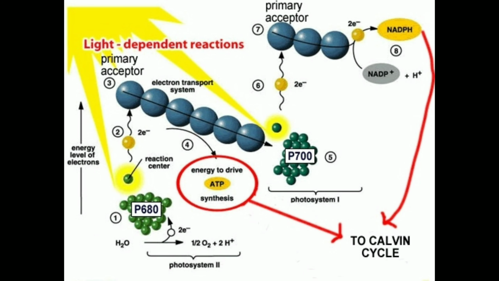But in the case of non-cyclic photophosphorylation, the electron never comes back to photosystem 2. That which is lost in photosystem 2 never comes back to photosystem 2. But in cyclic photophosphorylation, the pair of electrons that is lost from photosystem 1 is again returned back to photosystem 1.